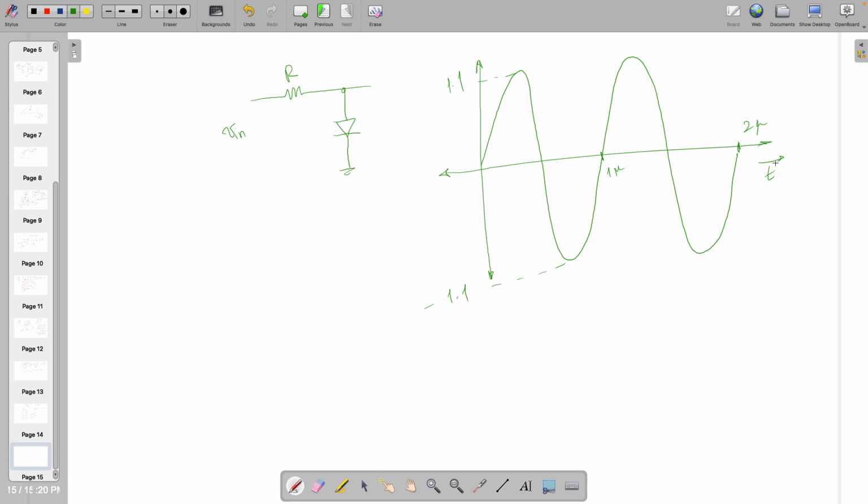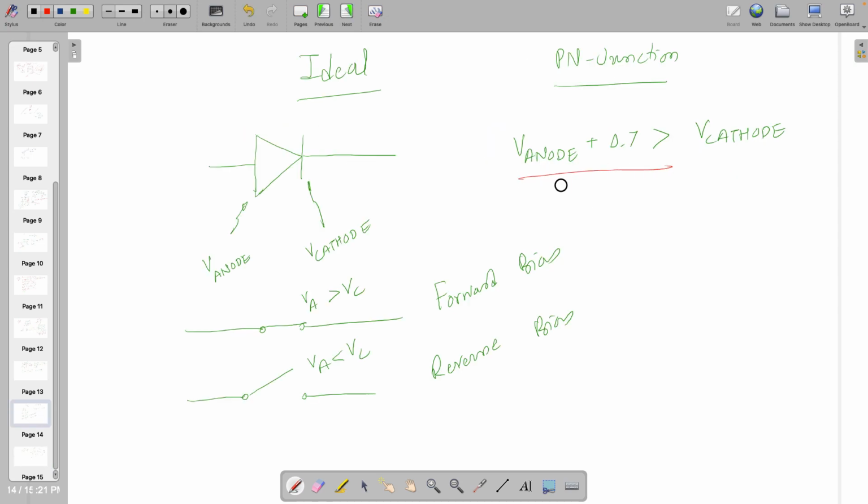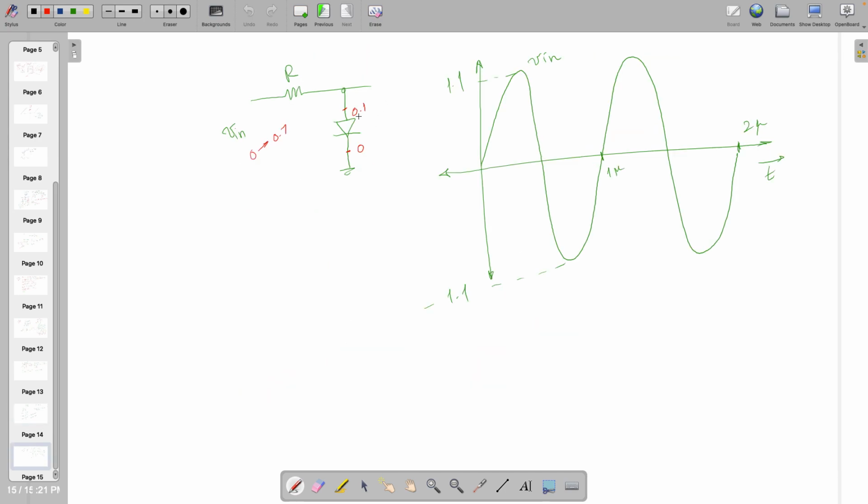So if I increase V in from 0 to 0.7, understand, till that time the diode is not going to be on, because if it is 0.1 and this is 0, still this side is not 0.7 addition to that, right? It has to be higher than V anode plus 0.7. So it is 0, but this is not on, so this is off.